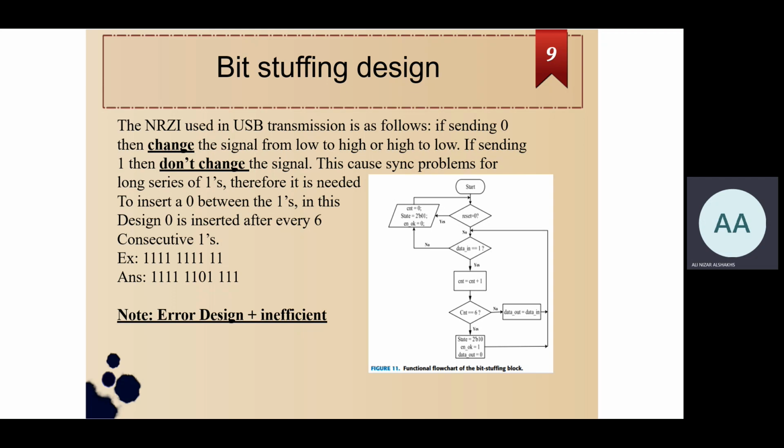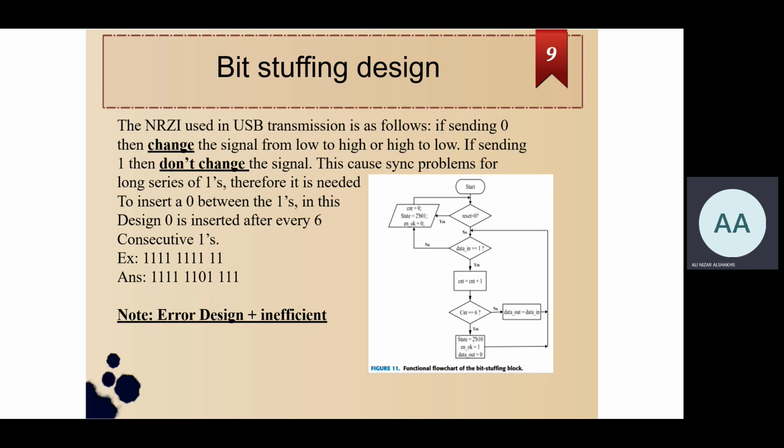Here there is an error in this design. You can see that if count equals 6, it will output 0, and then it will not reset the counter, which will make it 7 and 8 and 9, which will make the design not work, because here it is checking if the counter equals 6, not even higher.